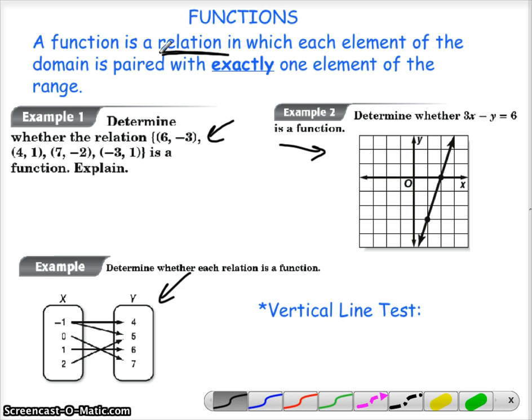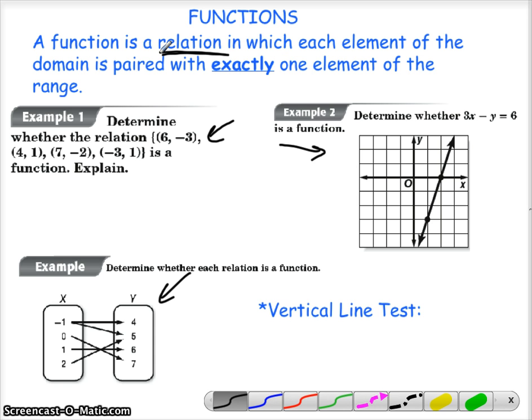So example 1, determine whether the relation (6, -3), (4, 1), (7, -2), and (-3, 1) is a function. Now, how do we tell that? Well, if you put in an x and you get out a y, to tell if it's a function, each x that you put in can only have one y that comes out.